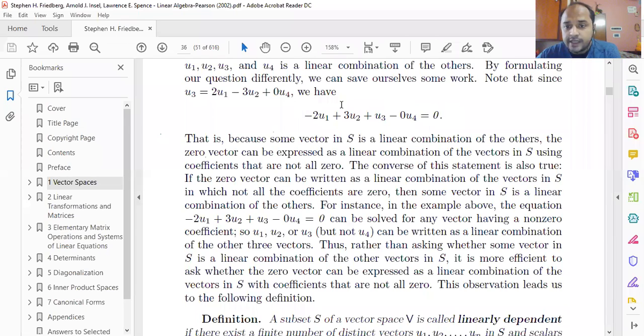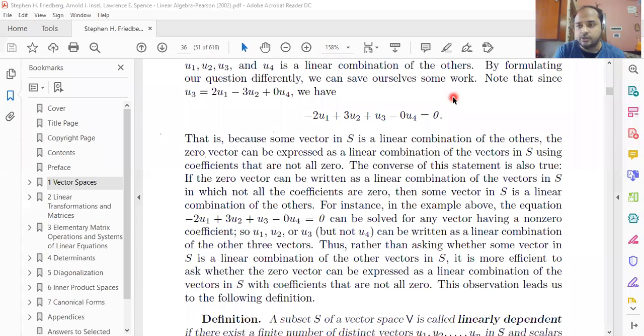But not all the coefficients here are zero. Say for example, U1 has a non-zero coefficient -2, U2 has the non-zero coefficient 3, U3 has a non-zero coefficient 1, but U4 has a zero coefficient 0. If I combine them together, the zero vector comes. So whenever you write 2x minus 2x, the coefficients are not actually 0.